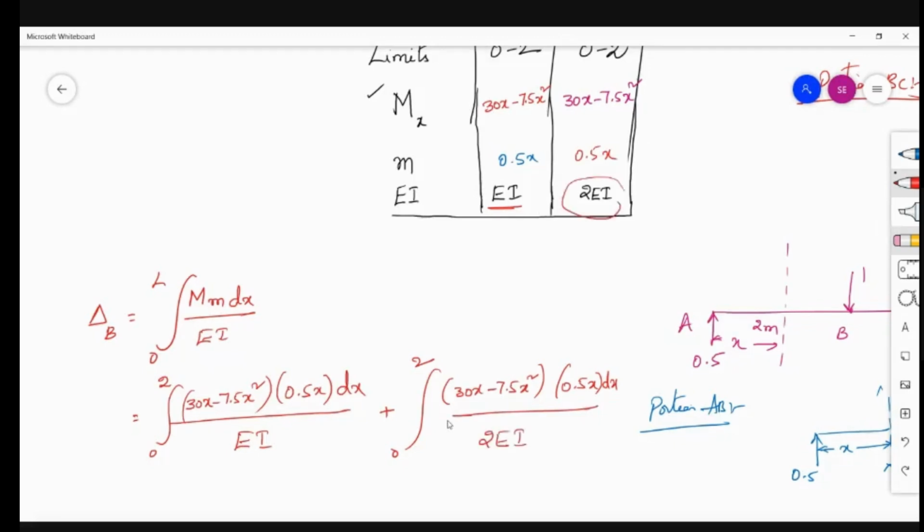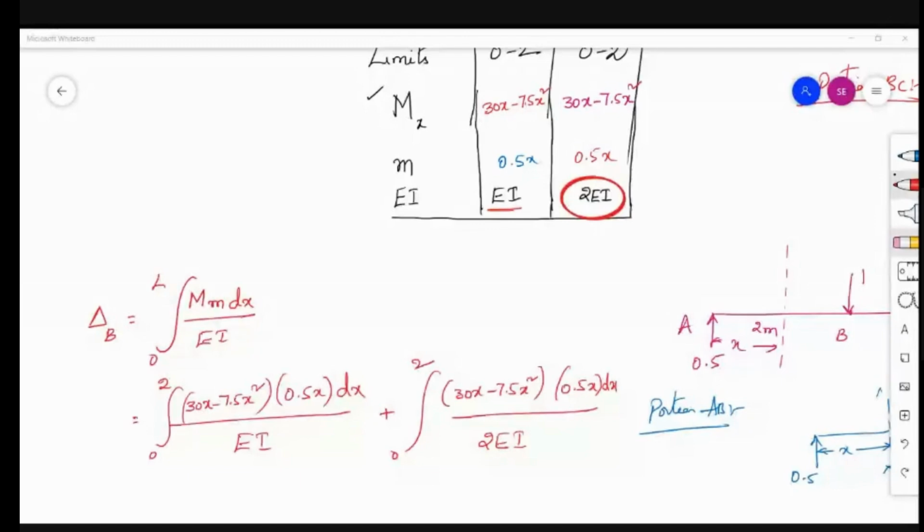So here this is to be substituted. You will get delta V value. Just check it and tell me that.